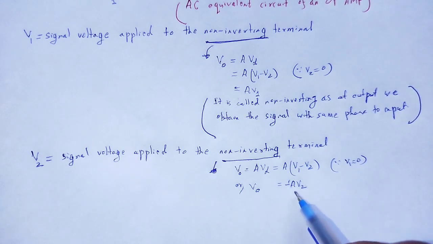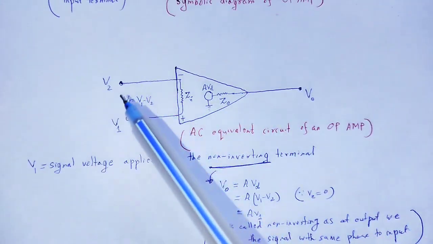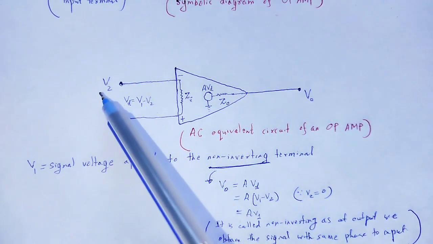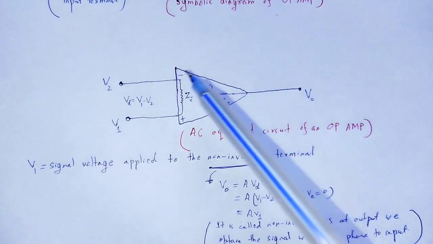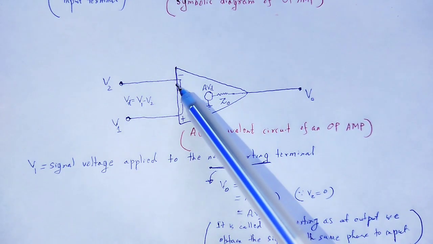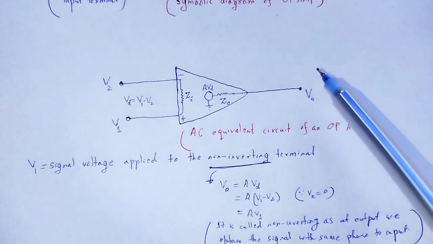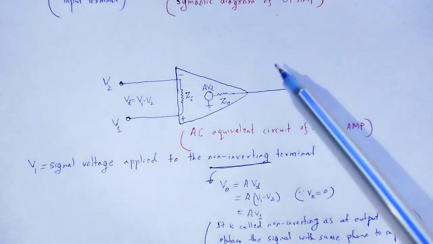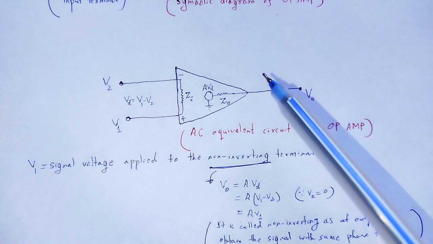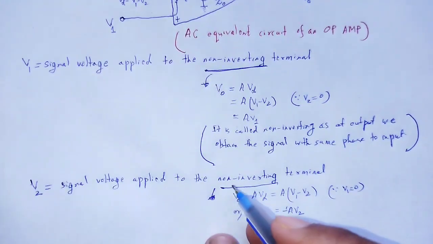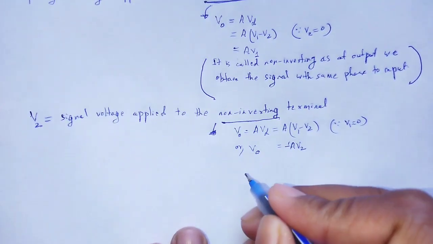Look here, at output it is the negative of A V2, meaning if we provide a signal through V2, then at output we obtain the signal with 180 degree phase shift to that of input. For that reason we call it the inverting terminal.